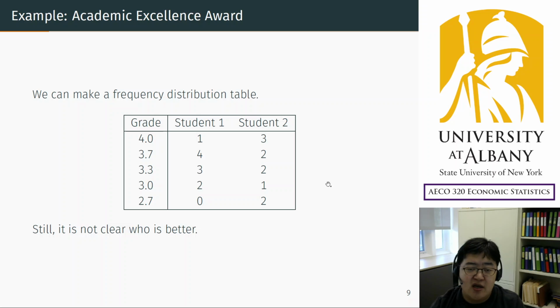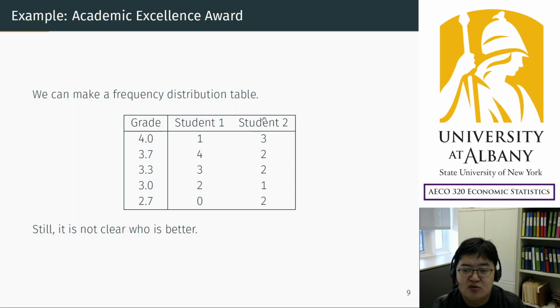One possible way to summarize the data is to make a frequency distribution table like this. We did it in chapter 1. So A minus, B plus, B minus. Student 1 has this record. It got A in one class out of 10, and 4 classes got A minus, like that.